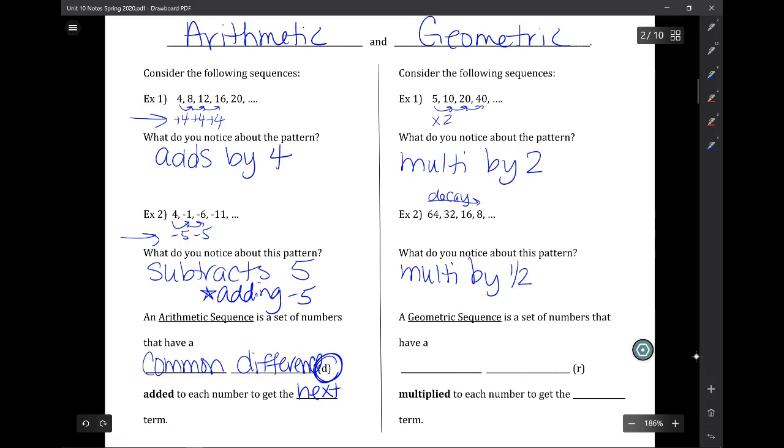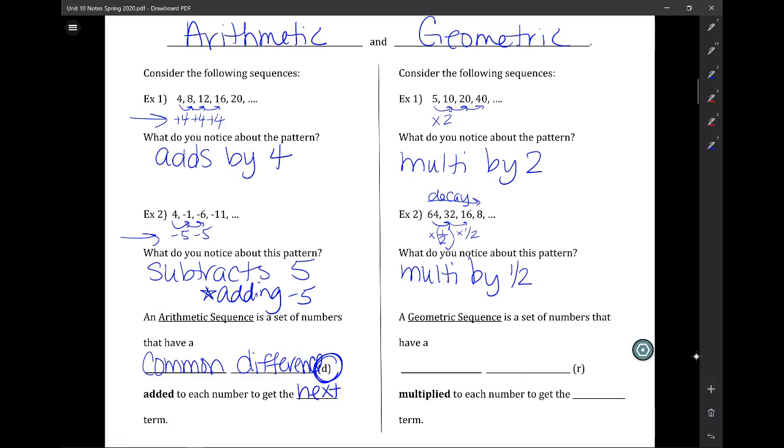I kept thinking that it was dividing by 2, but we learned in the exponential unit that we never really want to think, what are we dividing by? We want to think, what did we multiply by? To get 64 to 32, we had to multiply by 1/2. 32 to 16, we had to multiply by 1/2, and so on.